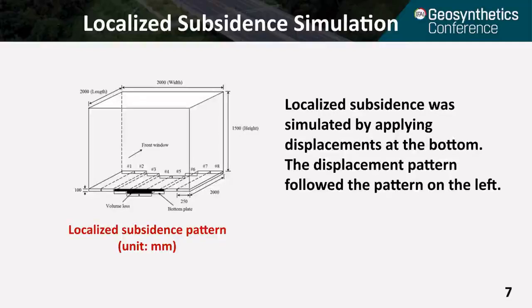The bottom of the box can be separated into 8 pieces, each 250 millimeters wide, and we only lower the middle 4 pieces. We lower the middle 2 at the center first by a certain amount. Then we lower the other 2 adjacent to the middle 2, to match a settlement, and then we form a curve, the differential settlement. We are trying to match what we did in the lab tests.